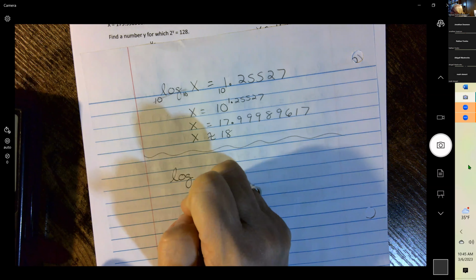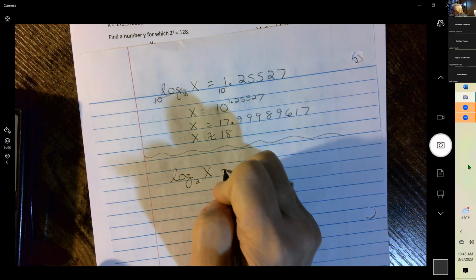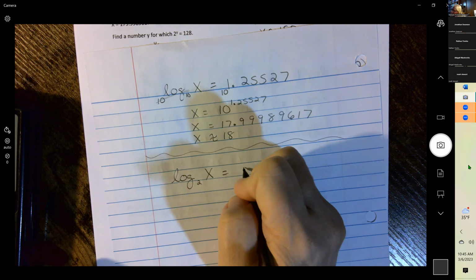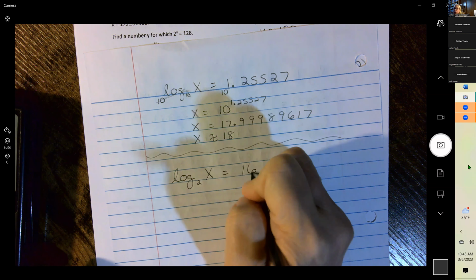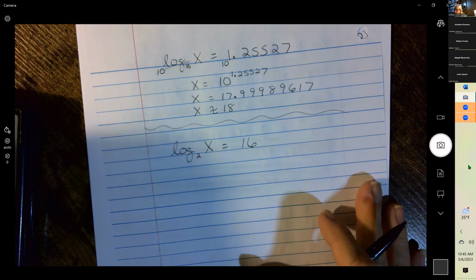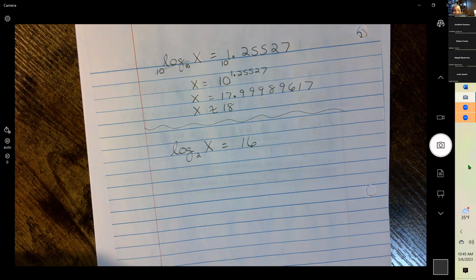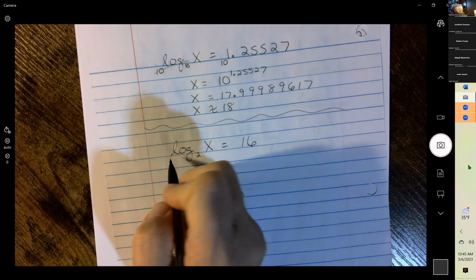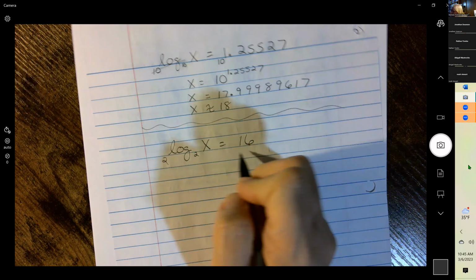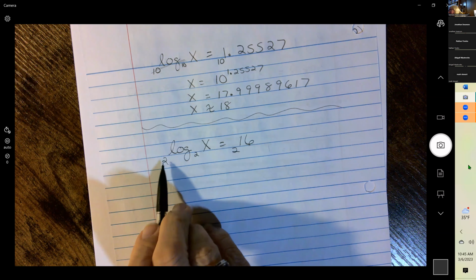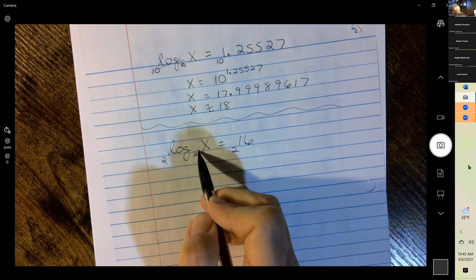Log base 2 of X equals 16. That's going to be pretty large, but that's okay. Now, when the base changes, whatever the base is, that's what you want to raise both sides to. As long as this and the base match, it cancels.